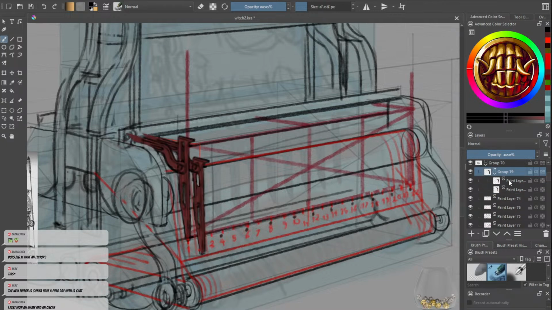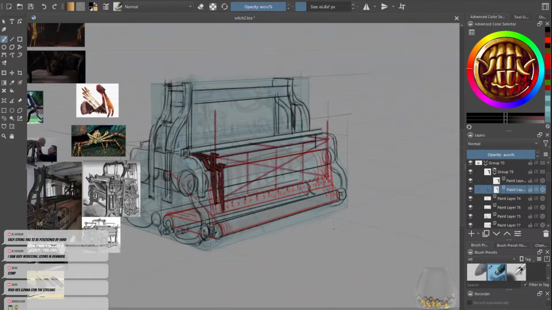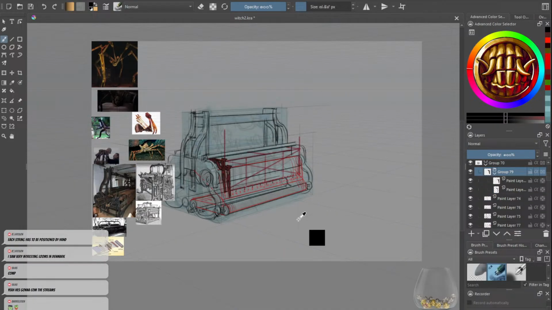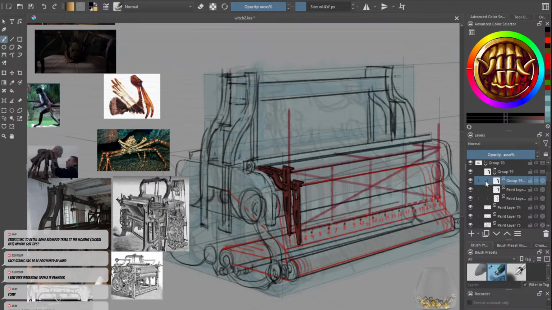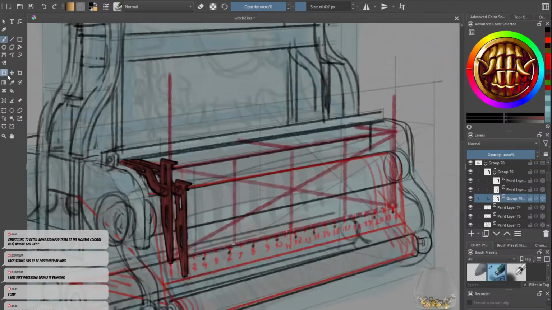Oh, cool. Let's clean up the edge. Now, just C, B, group another version of them, and just move them along.